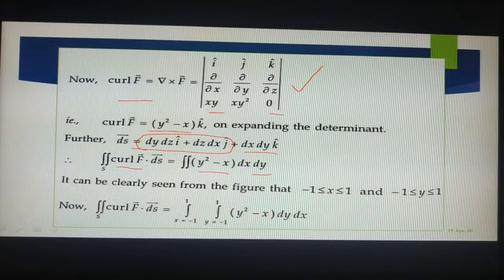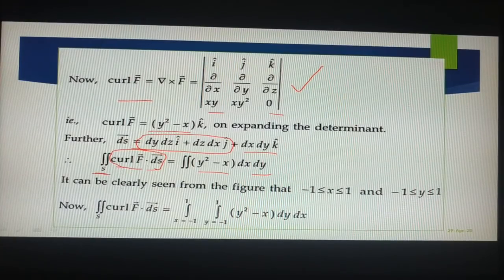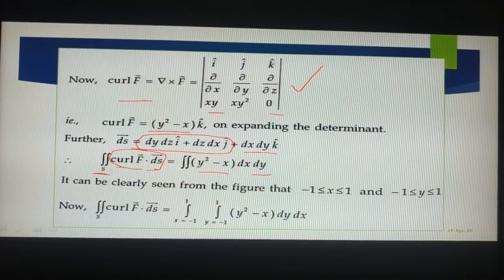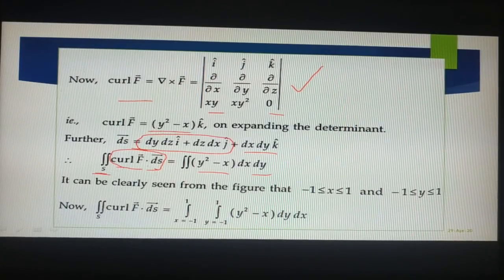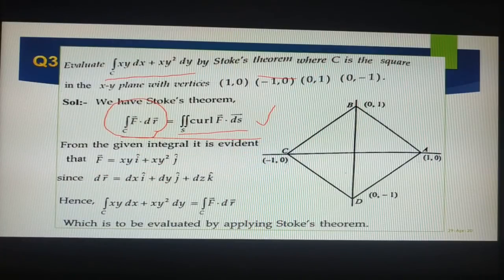curl f bar dot ds. For this particular function we have to integrate over the whole region. So we need to get the limits for this surface. Here the surface is nothing but your plane only. On this plane in the xy plane, x is changing from minus 1 to 1 and y is also changing from minus 1 to 1.